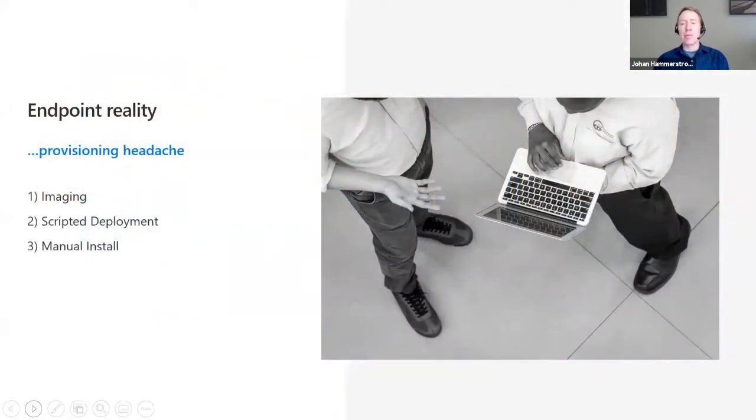So the problem that this new technology seeks to solve has to do with what we call the endpoint reality. As much as information like email and files have moved into the cloud, at the end of the day, in order for nonprofit professionals to be effective, they still have an endpoint. They still have a computer.